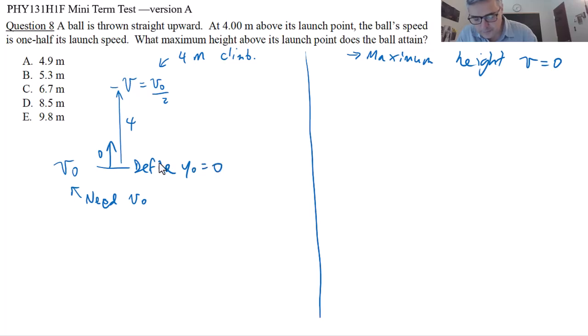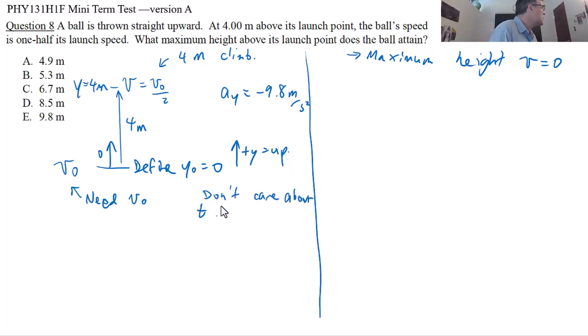y0 equals 0, plus y is up, I guess, easiest thing for this problem, so that now a sub y, the acceleration, is negative 9.8 meters per second squared. It's negative g. And we know it goes 4 meters, so y here is equal to 4 meters. And it seems we don't care about time in this question.